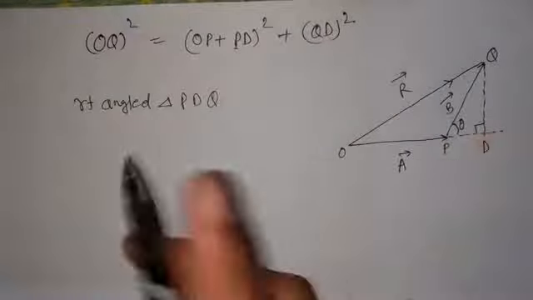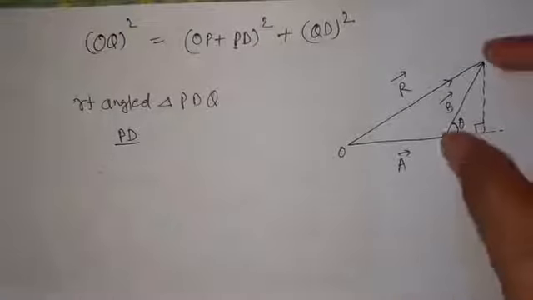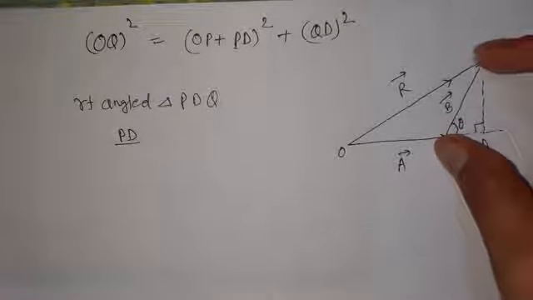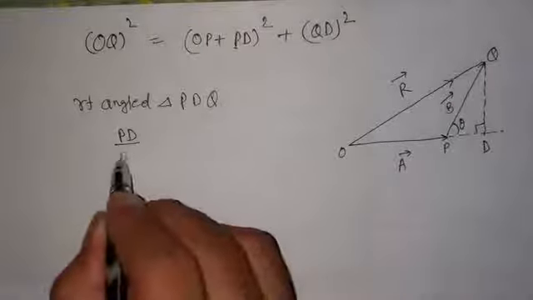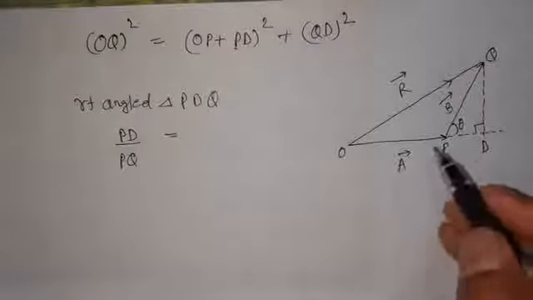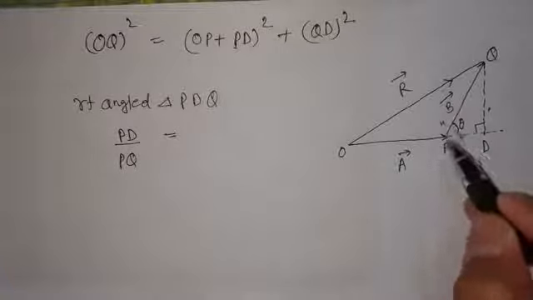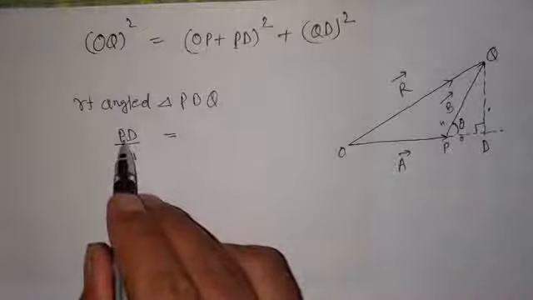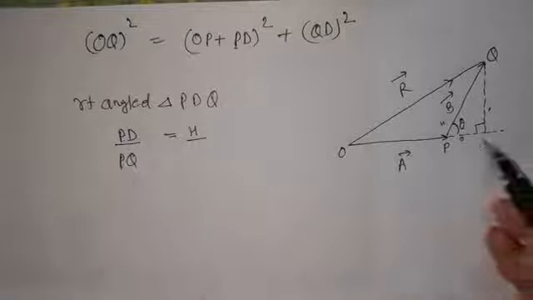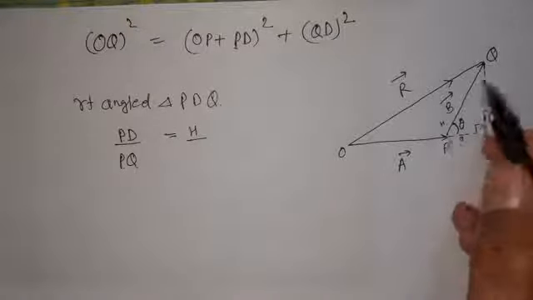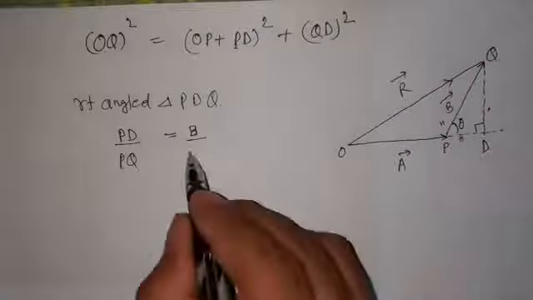We have to determine PD. The side whose magnitude we know, the length of PQ, we will get from the vector B. So PD is the base, not the hypotenuse, and PQ is the hypotenuse.